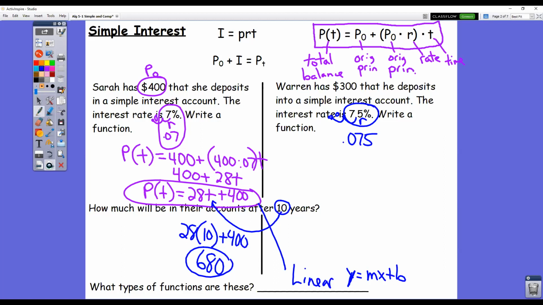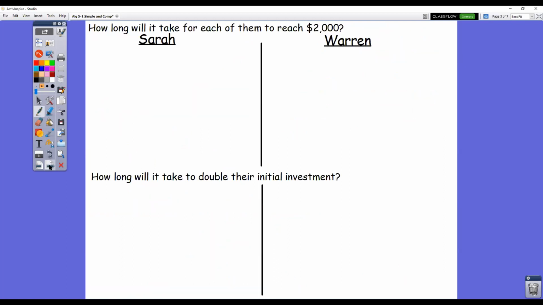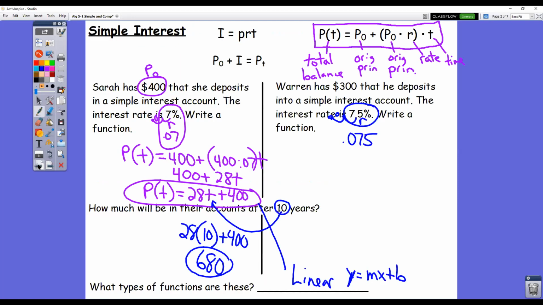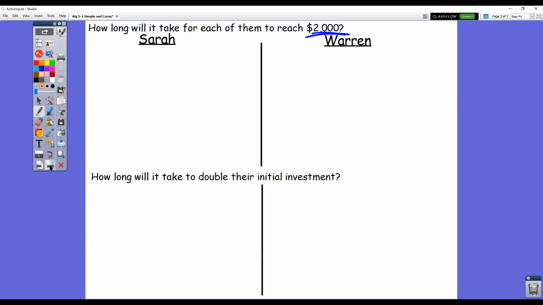So moving along with Sarah, how long will it take Sarah to reach $2,000? Now, the way that you're going to do that is we had the function P of t, the amount of money at a certain time, equals 28t plus 400.